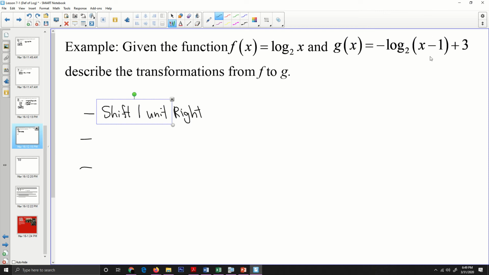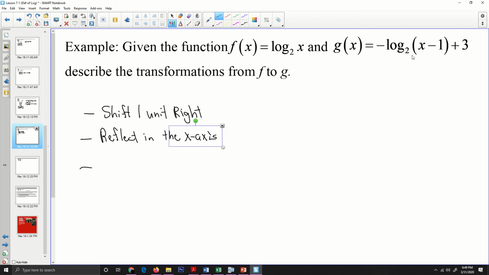After we've calculated that, we're going to do the logarithm. That is the function, so everything that happens after that is going to happen to the y values. And so I'm making it negative, and when I make the y value negative, or I make the function negative, that is a reflection in the x-axis.